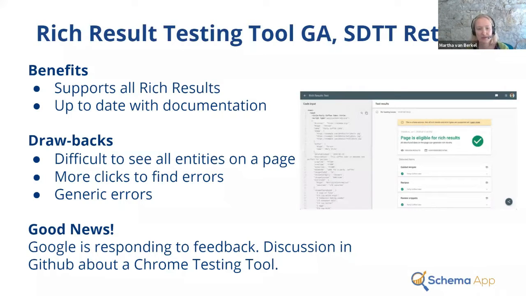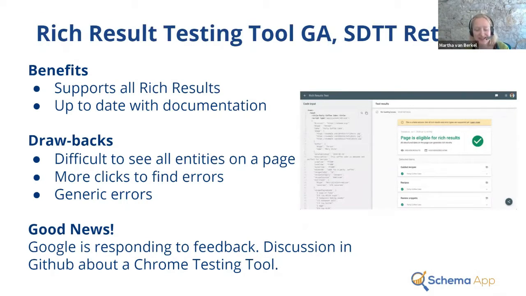It requires you to click a little bit more to find errors, and it still has some generic errors. But the good news is that all of your feedback to Google is that they're hearing that we're really going to miss the structured data testing tool. I think especially for more advanced schema markup and those of us that think beyond just the documentation.